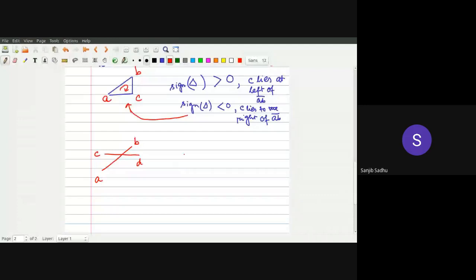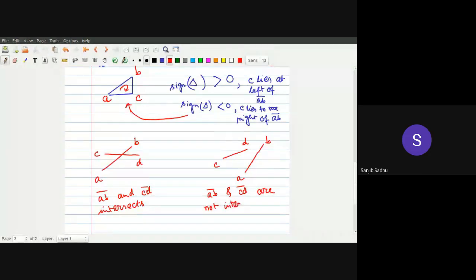Or it may be the case that in this case AB and CD intersect. And in this case, suppose this is AB and suppose this is CD. They are not intersecting.